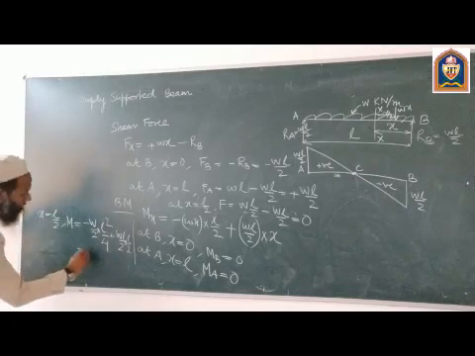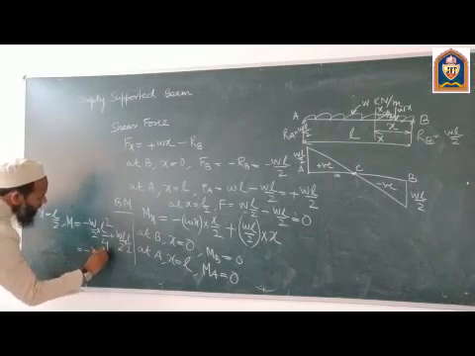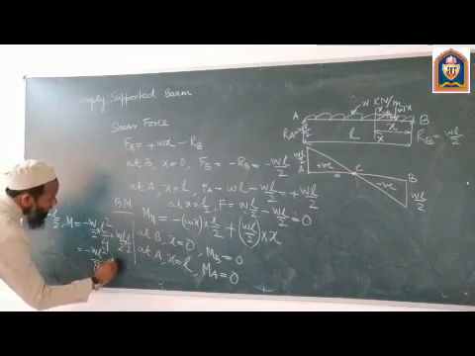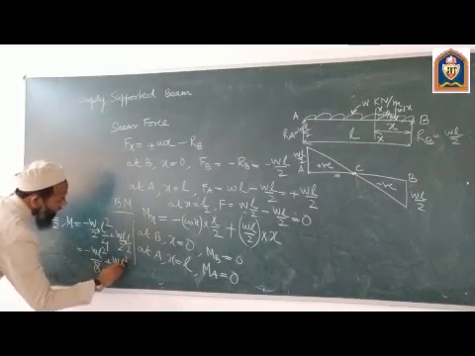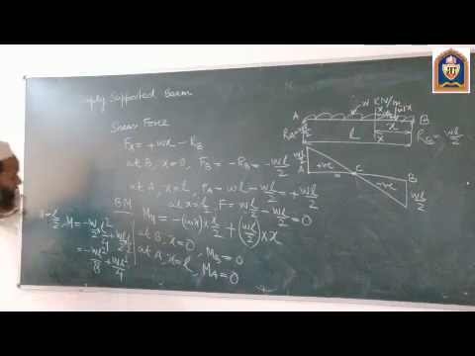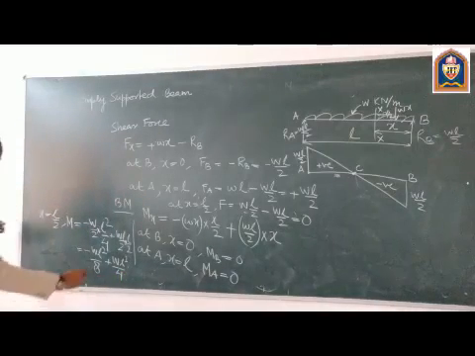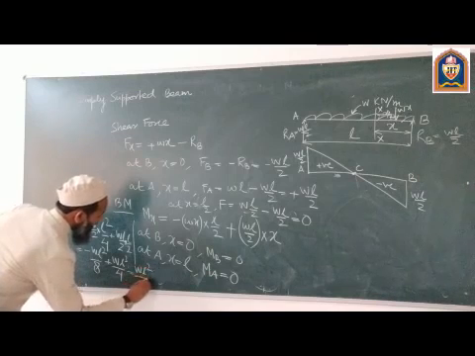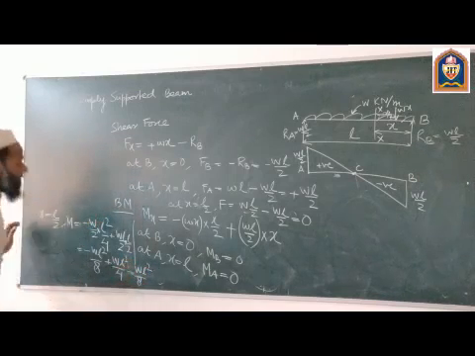So this is minus WL square upon 8 plus WL square upon 4. So this is coming out to be WL square upon 8.